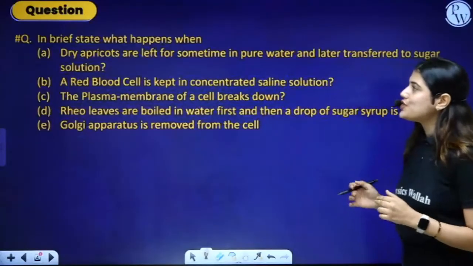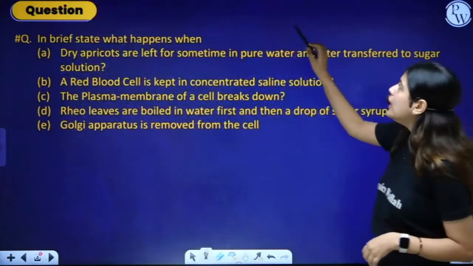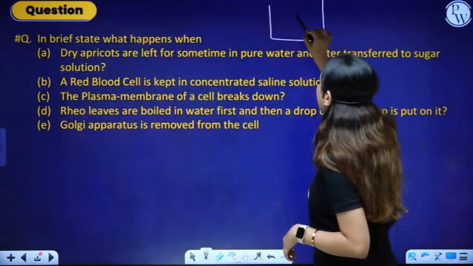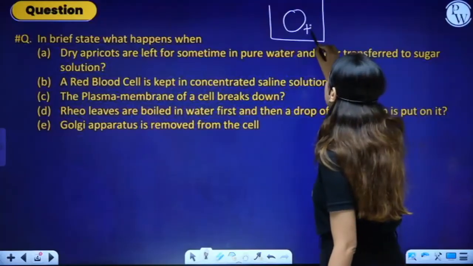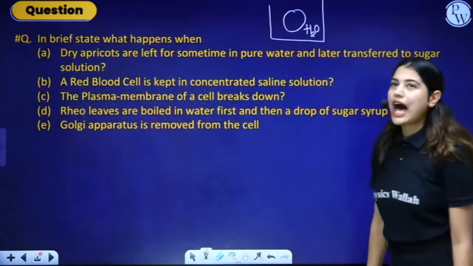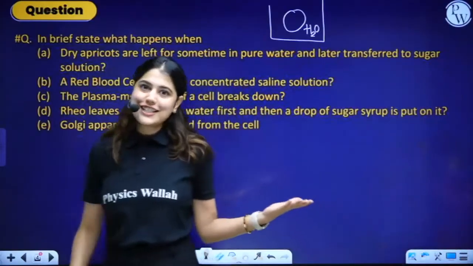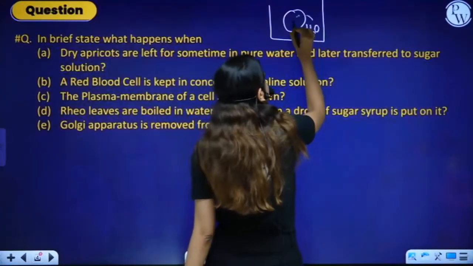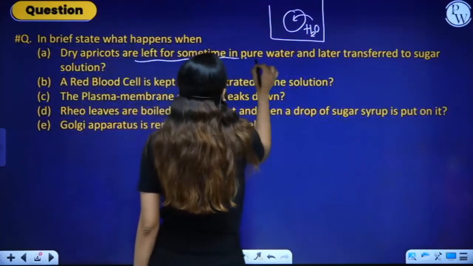Very first question, dry apricots are left for some time in pure water. So there we have taken some dry apricots and we have added them in pure water. Now what is going to happen? Obviously, water will move from its high concentration to the low concentration. Hence, yes, these apricots are going to swell.